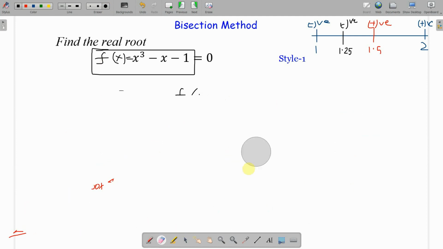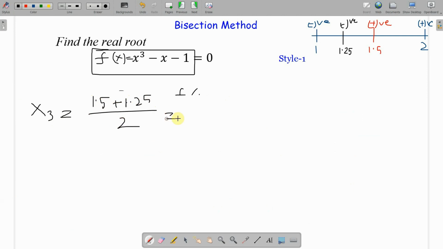Yes, the new root will be in between x3, third iteration, right? 1.5 plus 1.25 by 2. So what's the value? 1.375. f of x3, is it coming positive or negative?